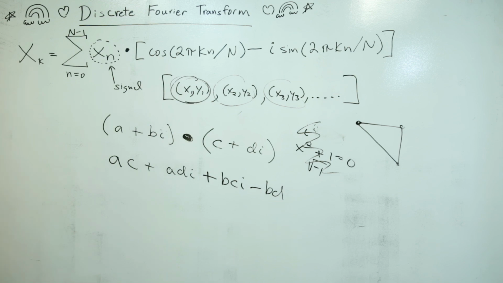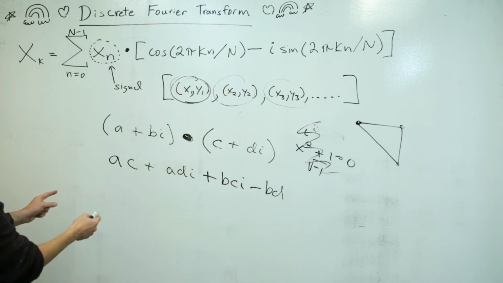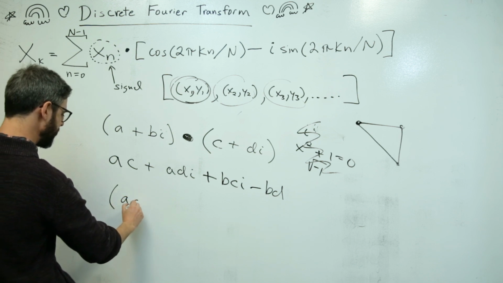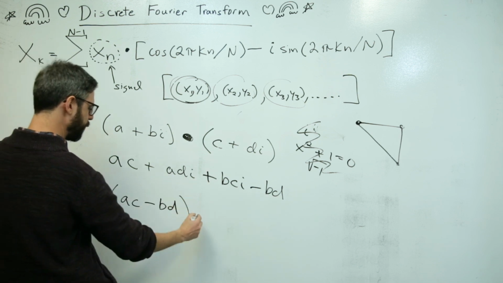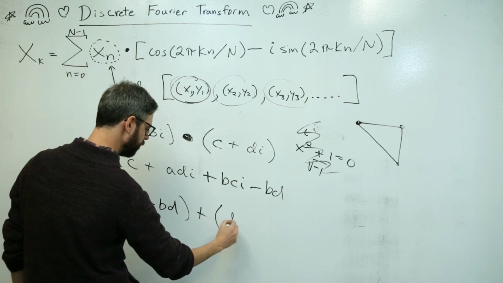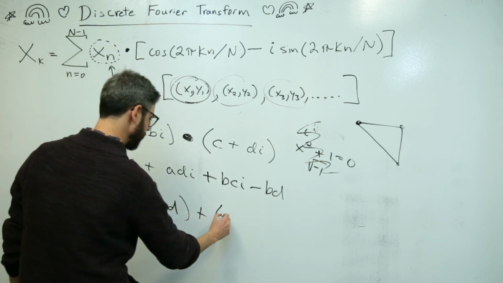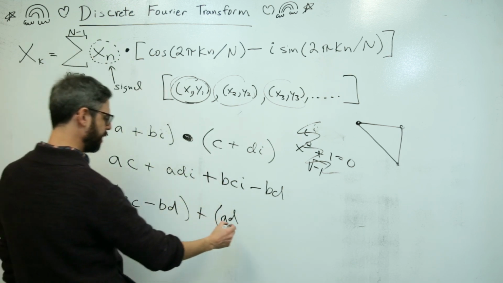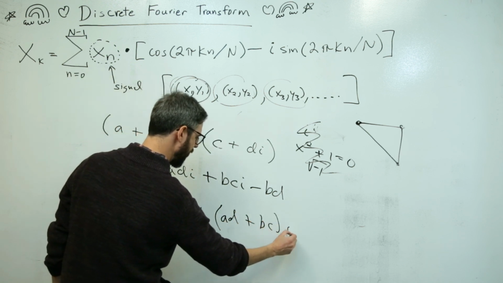Now a complex number has real and imaginary components. What's the real component? The real component is AC minus BD. And the imaginary component, also I could pop out that distributive property again, is AD plus BC times i.